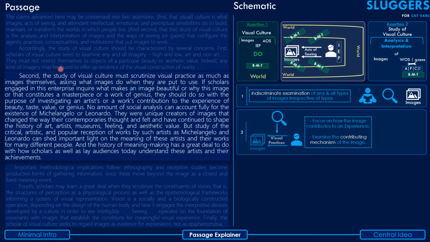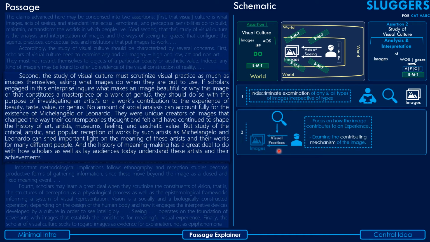So let's first understand the first part of this paragraph before we move on to the next part. What the author has said here with respect to the second concern is that the scholars who are studying visual culture should focus as much attention on visual practices as on the images themselves.